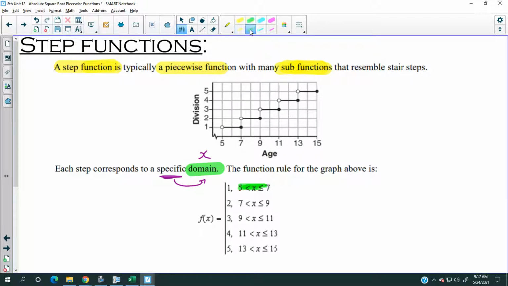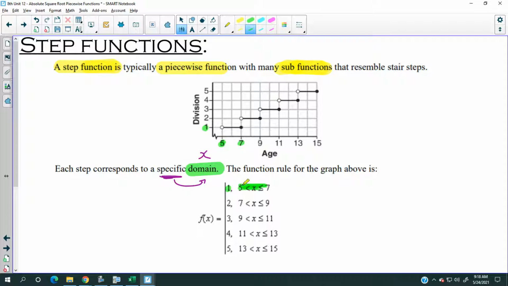Now, for the first one, you see the domain, the x value, is between 5 and 7. Look, between 5 and 7. The value of y is 1. That's it. Now, have you noticed this is open and that's closed? Why is that?